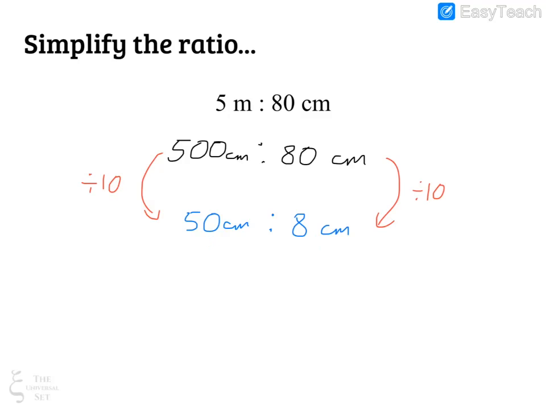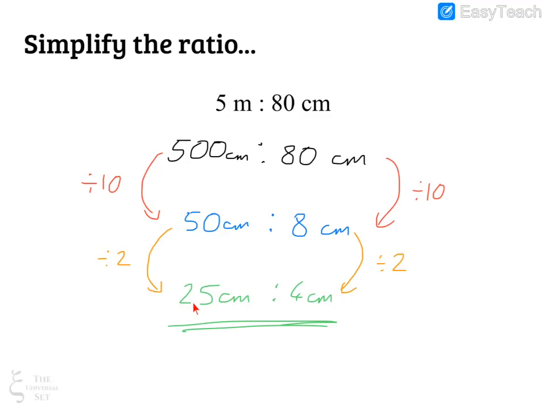There's still a times table that has both 50 and 8 in it, and that is the 2 times table. So we can go one more time with this simplifying. We can divide by 2 on this side, and by 2 on this side, and that will give me my answer of 25 centimeters to 4 centimeters. And now we have finished. We can't go any further than that because there's no common factor between 25 and 4. There's no times table that has both of those in it.